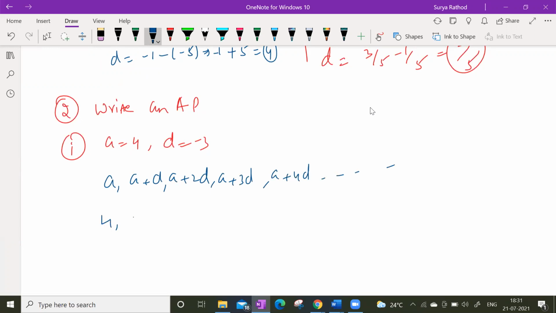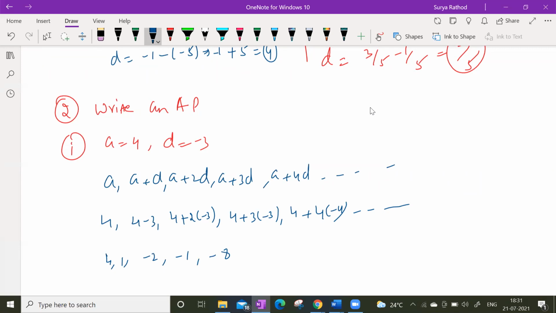So A is 4 here. A plus D is what? 4 minus 3. 4 plus 2 into minus 3. 4 plus 3 into minus 3. 4 plus 4 into minus 3. Is it clear with everyone? And so on. So 4, 1, minus 2, minus 5, minus 8.